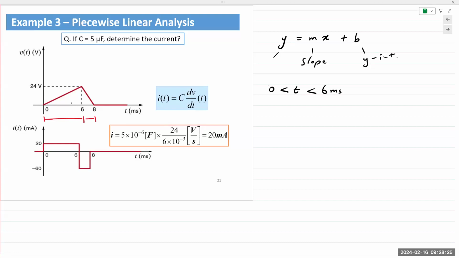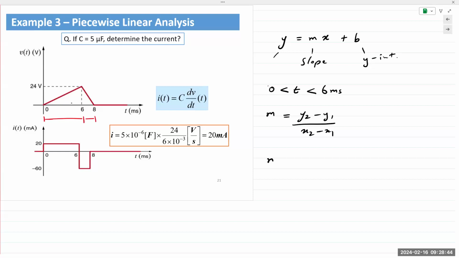All right, so between the time 0 and 6 milliseconds, I want to describe the line. In this case, I don't need to describe the entire line. I just need to write out the slope of the line, which, if you all remember, is given by taking two coordinates at the ends of those lines and just plugging them in.